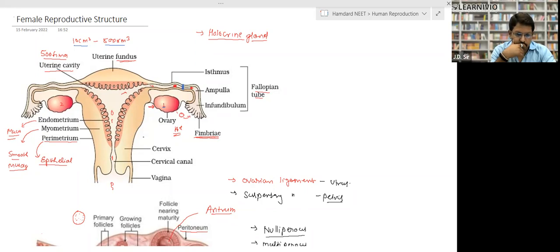Leave space for the diagram and draw it after class, because if you draw right now it will take lots of time. Okay, sir, I have left the space. Should I start? Yeah.